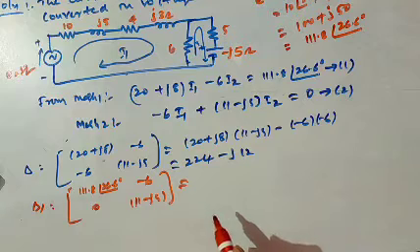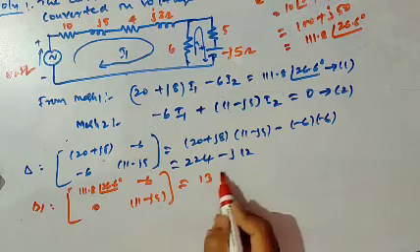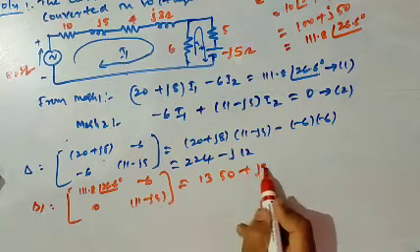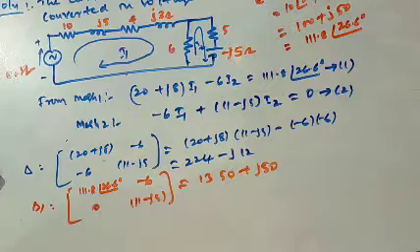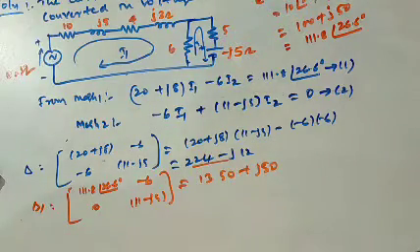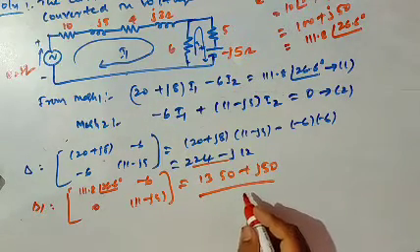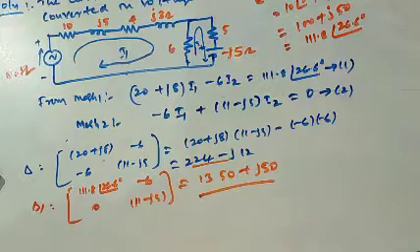Solving this delta 1, we get the answer as 1350 plus J50. Whatever is written here is in the rectangular form.